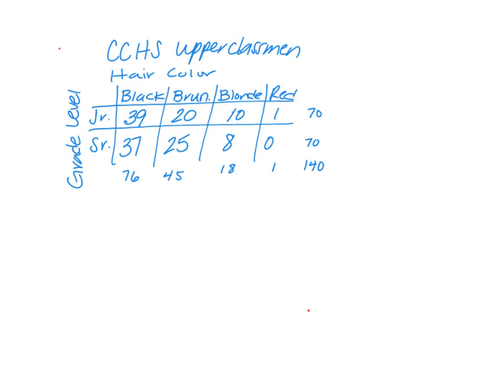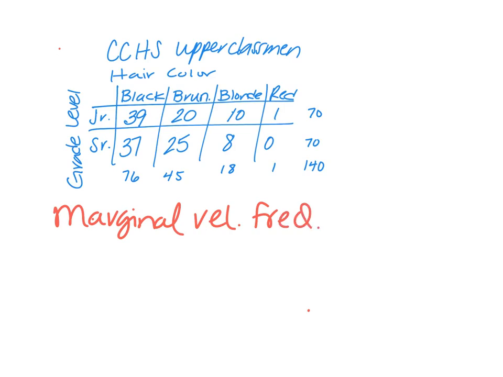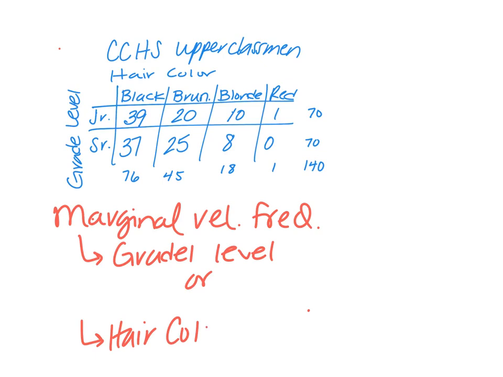So if we wanted to talk about the marginal relative frequency, which was one of the terms on the other page, we would be looking at either the marginal relative frequency for grade level or the marginal relative frequency for hair color. So we're focused on just one of these values.